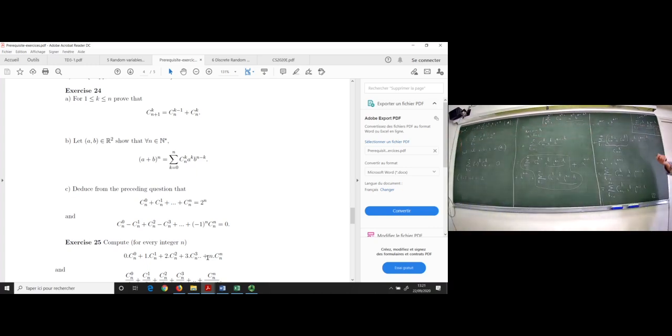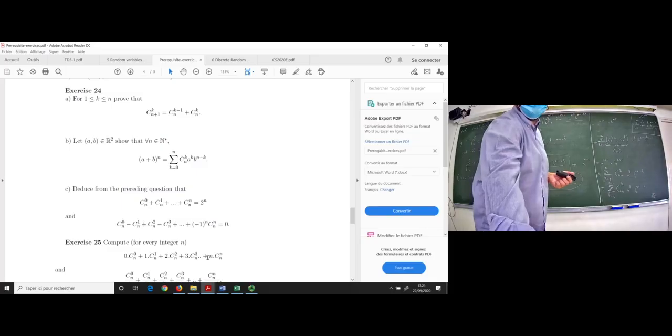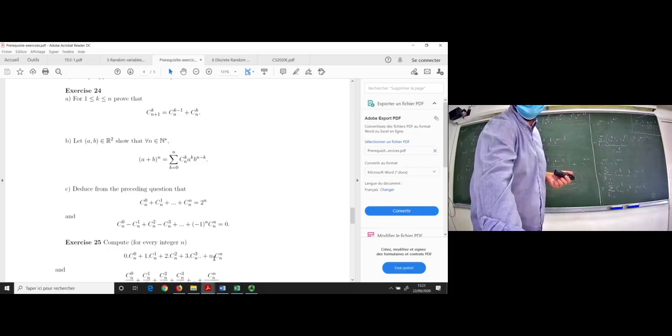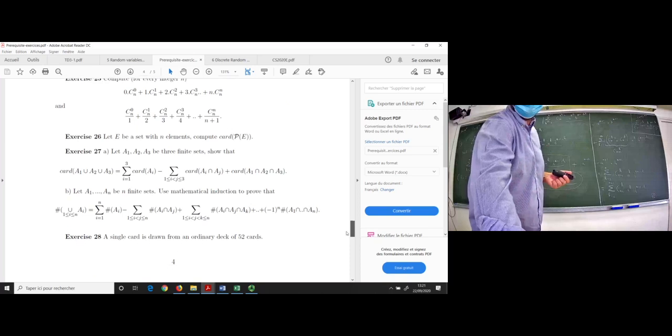So it means that from this formula that I have previously proved, I can deduce some relations concerning the C(n,k). This one, for example. So this is the exercise 24. And we are going to continue with at least the beginning of the exercise 25, because it's something that we are going to use later on.